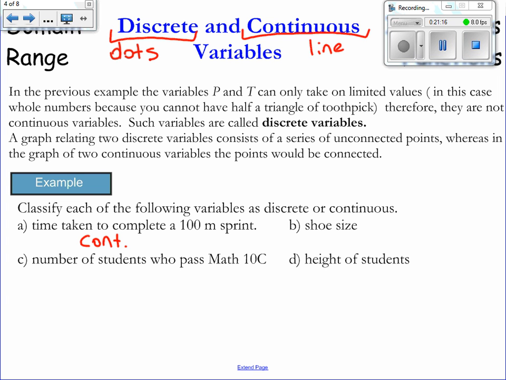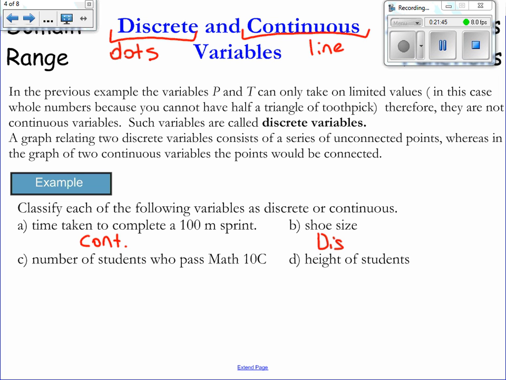So that's discrete data. For C, the number of students who pass Math 10C, again, I'm either going to have 30 kids pass Math 10C, or 31 students pass Math 10C, but we're never going to have 30.75 students pass Math 10C. It's not possible. So you're going up in levels, in tiers, and there's nothing in between those levels. So that would be discrete data.